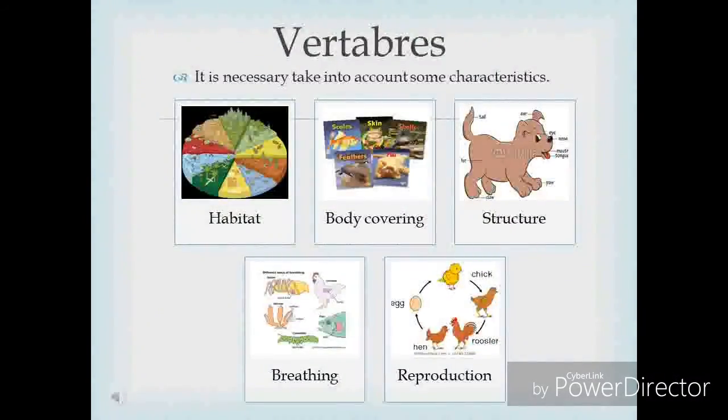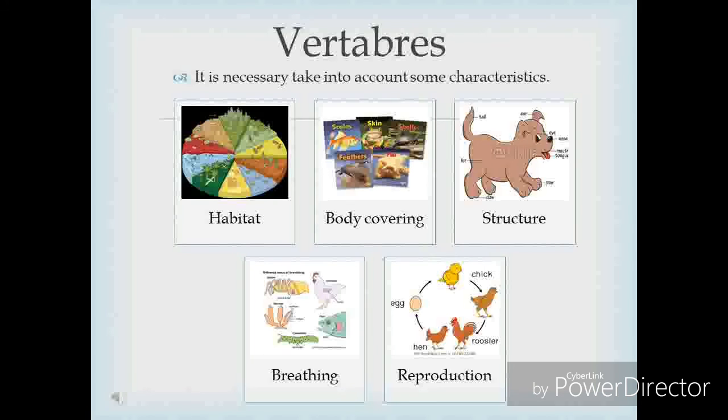In this moment, we're going to focus on vertebrate classification. But before I start with that, it's important that we know some important concepts about the characteristics which help us to classify them. So the first is the habitat. When we talk about the habitat, we talk about the place where the animal lives.